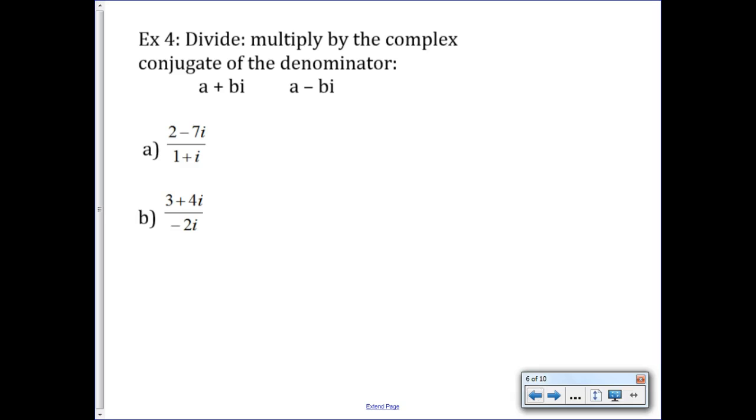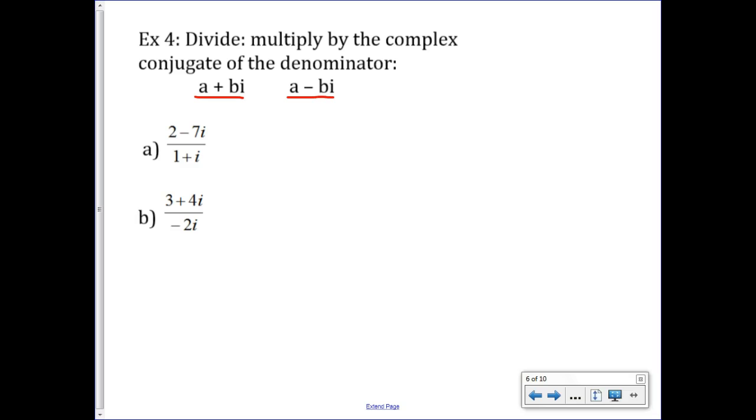Okay, so when we divide, we multiply by the complex conjugate of the denominator. The complex conjugate is just the opposite sign in front of the imaginary number. So if you have a plus bi to start, a minus bi is the complex conjugate. If you have a minus bi, then a plus bi is the complex conjugate.